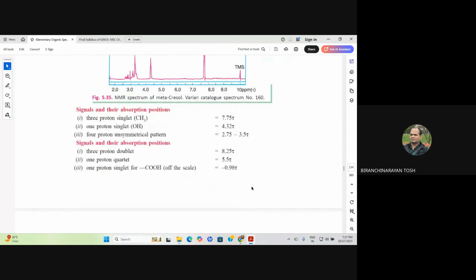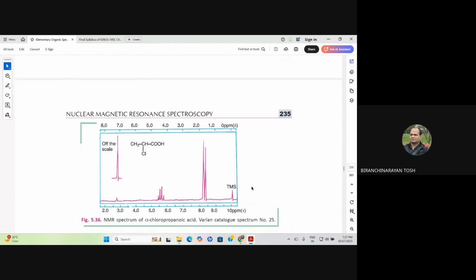Now coming to the chloropropanoic acid. In this case, you have a carboxylic group proton, and this is another type of proton, and this is one. So three signals we will get. The carboxyl group proton will give a singlet which is off the scale, meaning it will be in the negative.